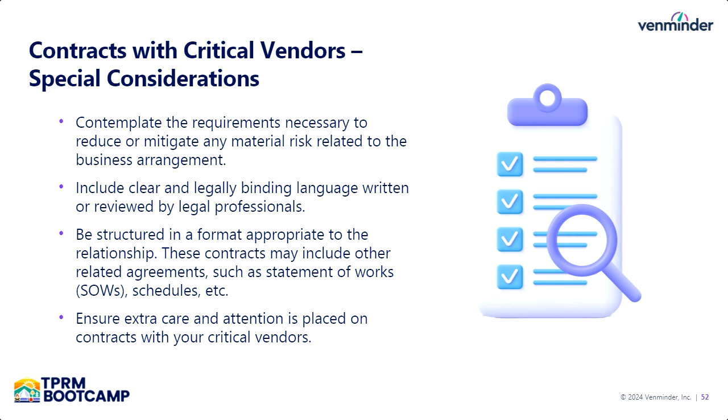For example, if you anticipate multiple services or products from this vendor, then you would want an overarching MSA that has accompanying SOWs or order forms in place for each of those services and products. By doing it this way, this helps reduce the amount of legalese that will need to be negotiated each time you want to add on a service, because all that was done up front with the MSA. And again, just take the extra care and attention since these are your critical vendors.